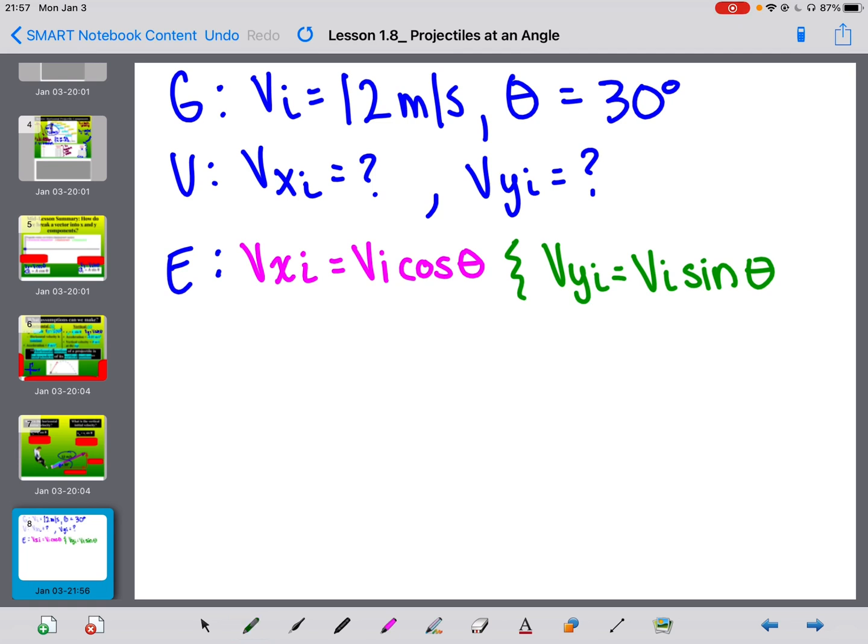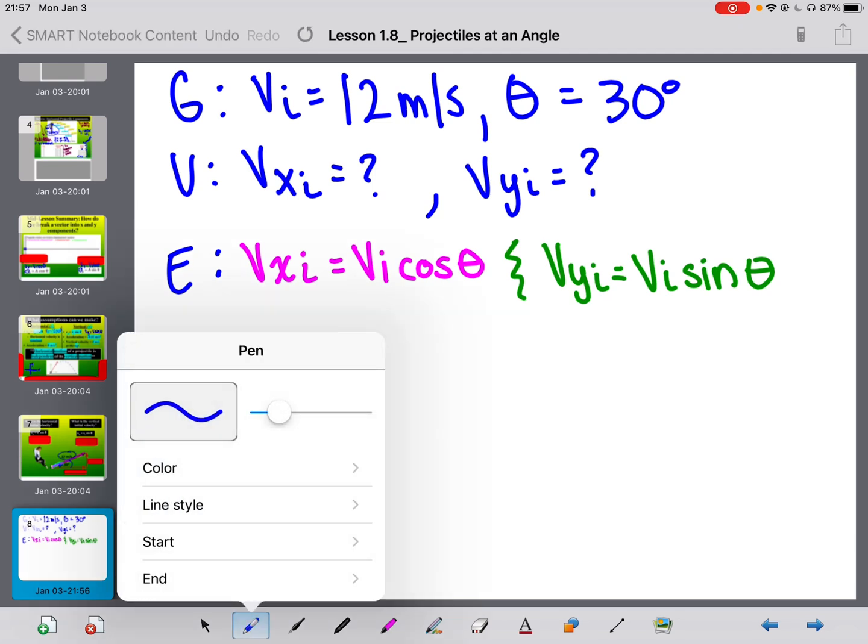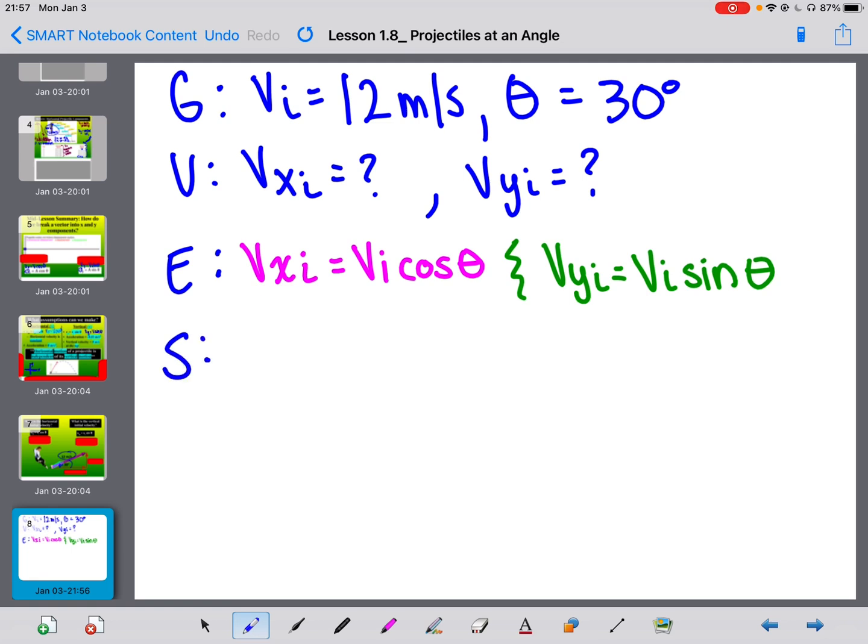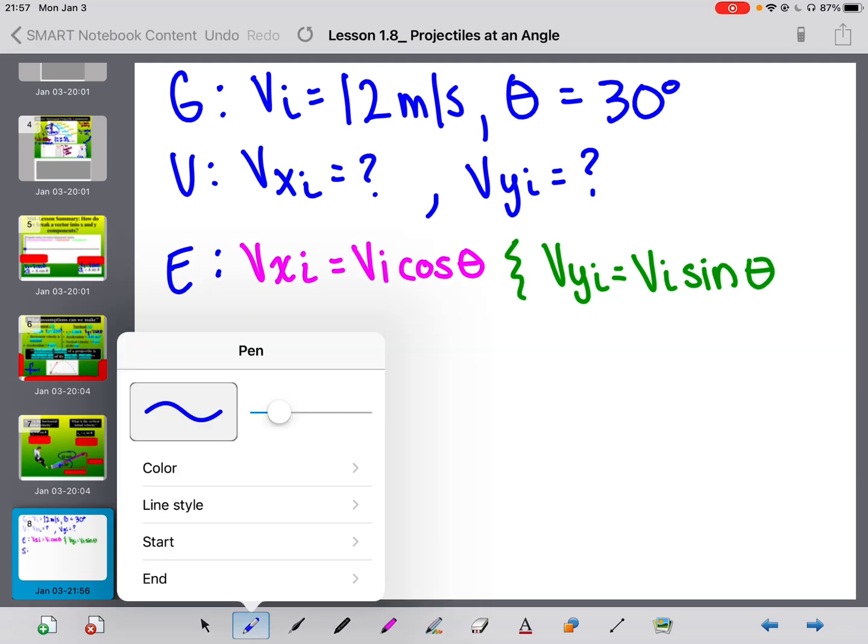Now we do our substitution step. And again, I can't stress this enough, please do not forget the units. It is such a shame to lose points if you don't put units.